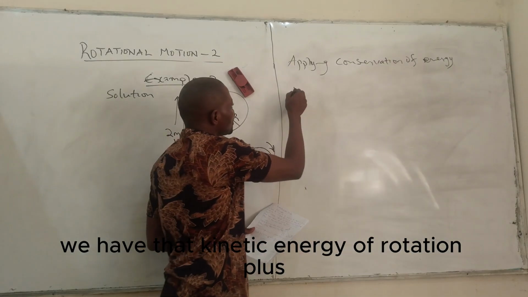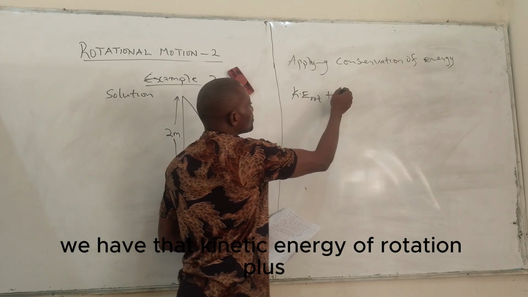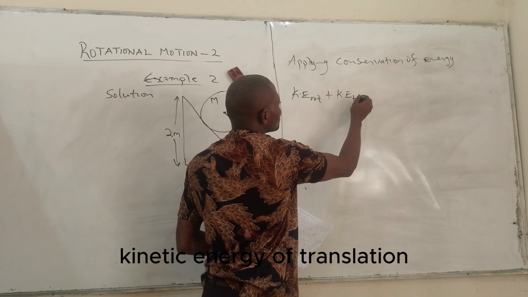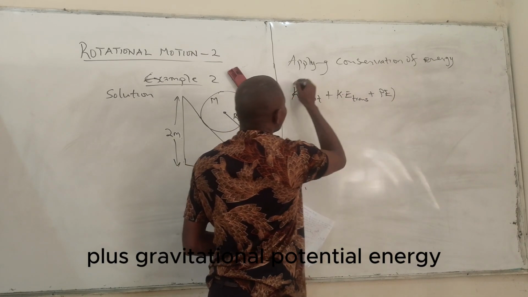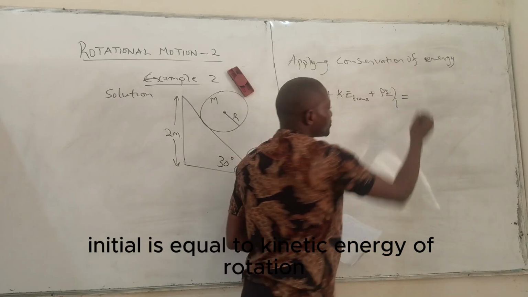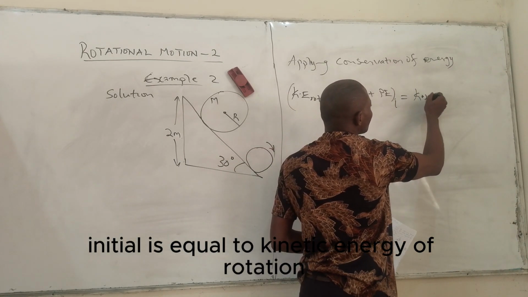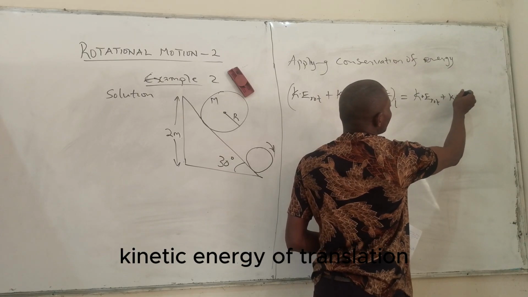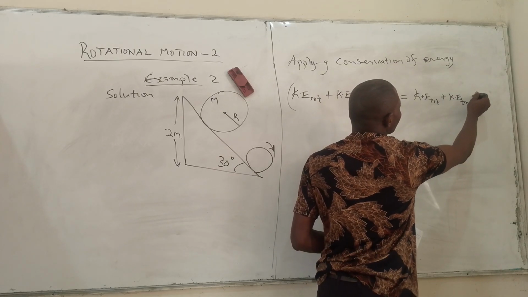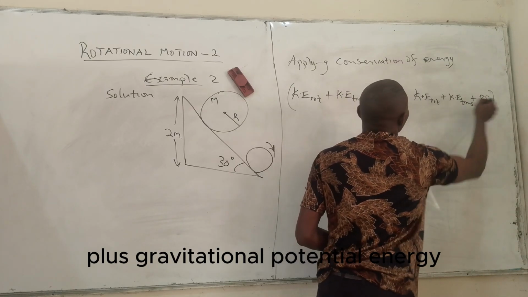we have that kinetic energy of rotation plus kinetic energy of translation plus gravitational potential energy initial is equal to kinetic energy of rotation, kinetic energy of translation plus gravitational potential energy.